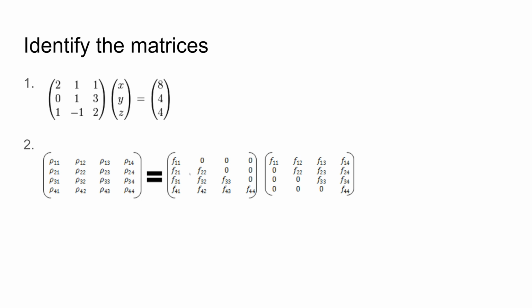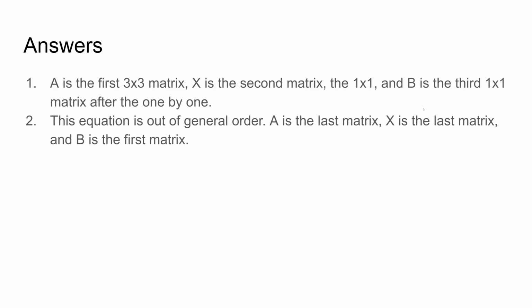So it's basically just written backwards, but anytime you see some matrix multiplied by another matrix and it has to satisfy this, you can say that this is A, this is X, and this is B. Even though in terms, this will be the variable matrix in a system where we have values for these. You don't know it now, but this is a lower triangular and this is an upper triangular matrix. So yeah, here are the answers, pretty much what I said, just again using more qualified terminology.